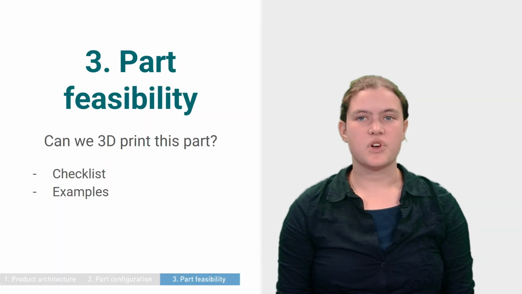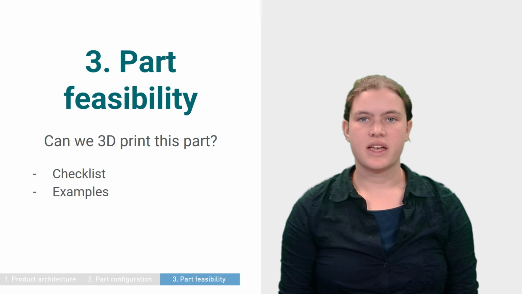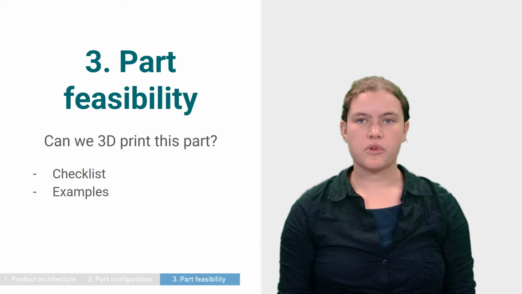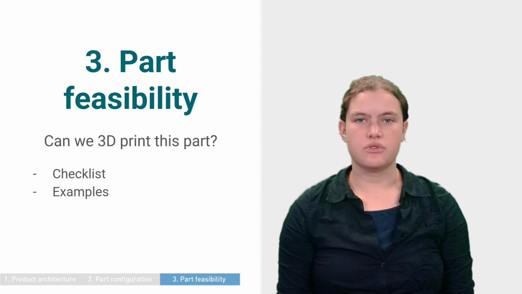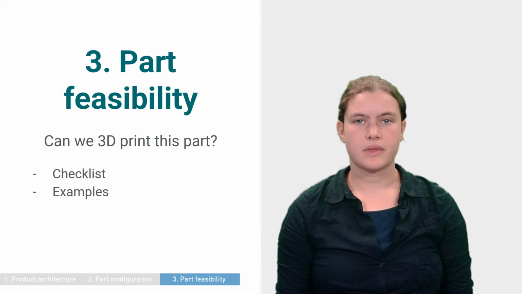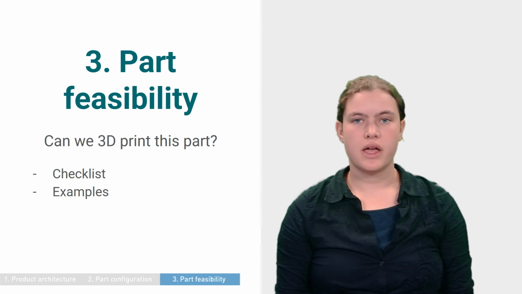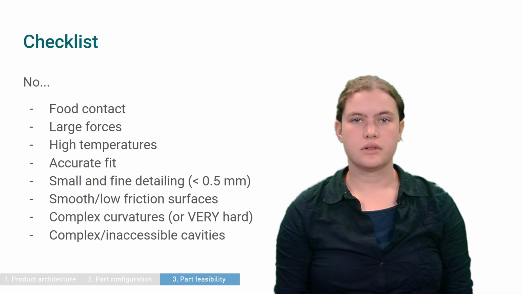Finally, it is time to ask yourself the big question: can we 3D print this part? For this, we will provide you with a checklist that you can use to make the decision. Additionally, we will provide examples of a feasible and a not feasible part.